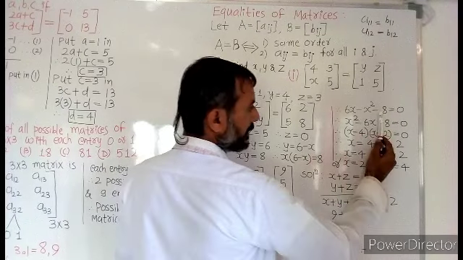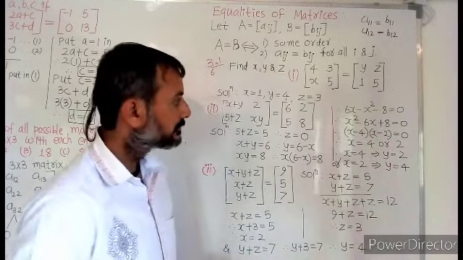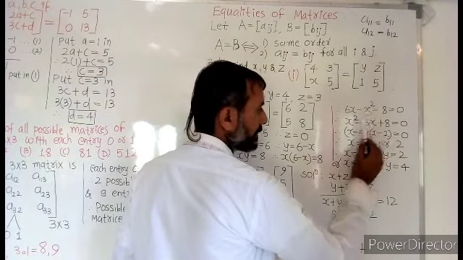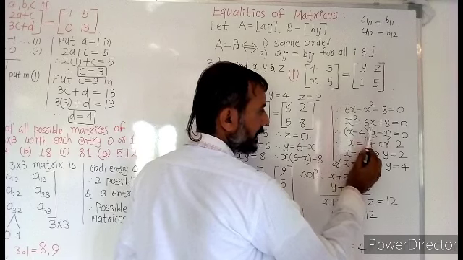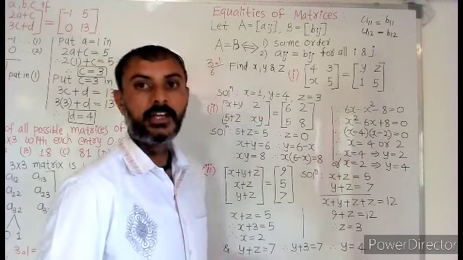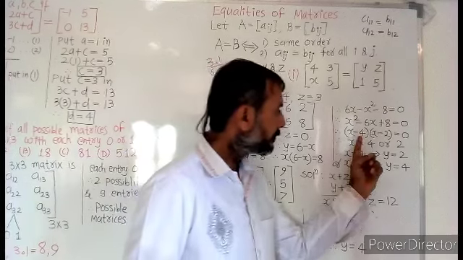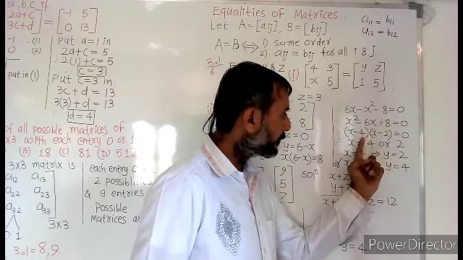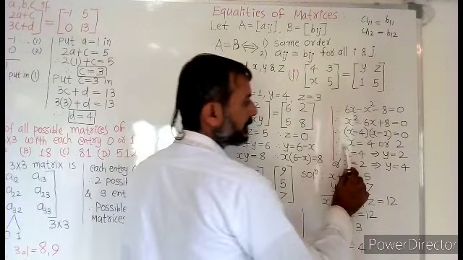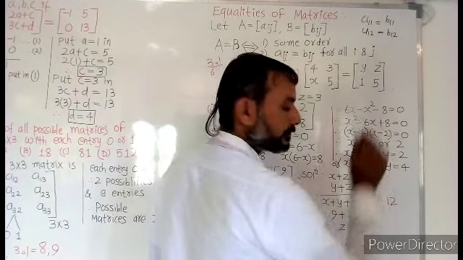Taking 8 to the left side, minus 8 equals 0. Now multiplying by the minus sign, this becomes x squared minus 6x plus 8 equals 0. Let's factorize: 4 times 2 is 8 and 4 plus 2 is 6. So x equals 4 or 2.